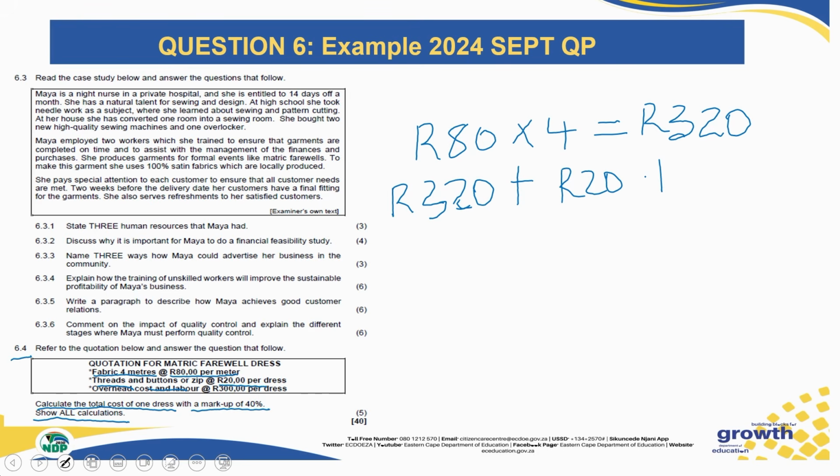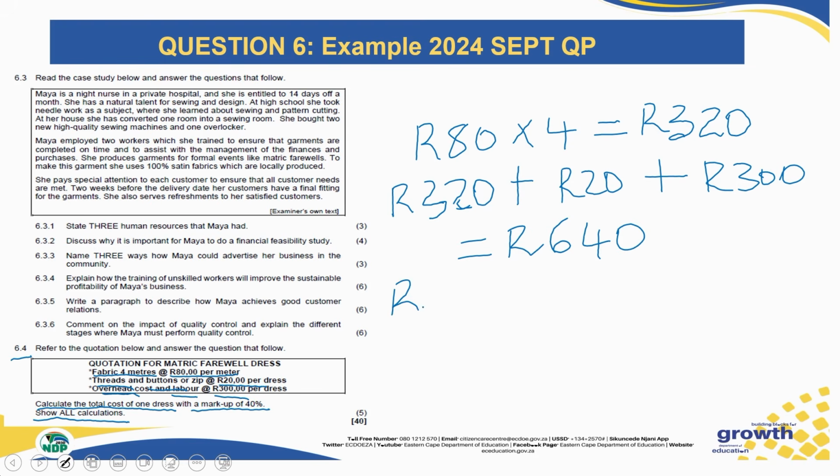You also add the overhead costs and labor, which is at 300 rands per dress. And your production cost will amount to 640.